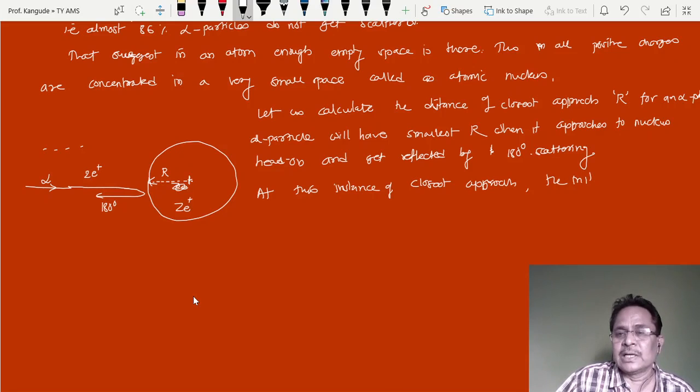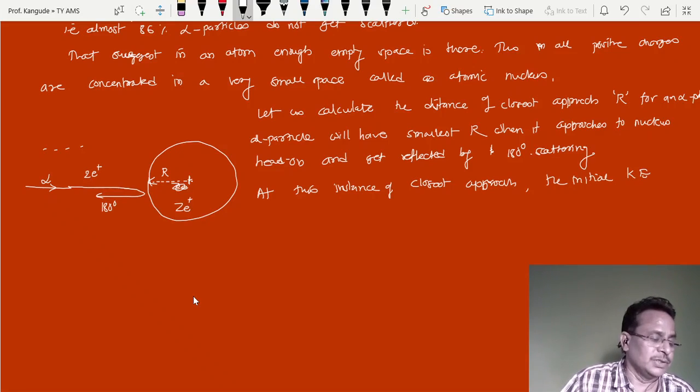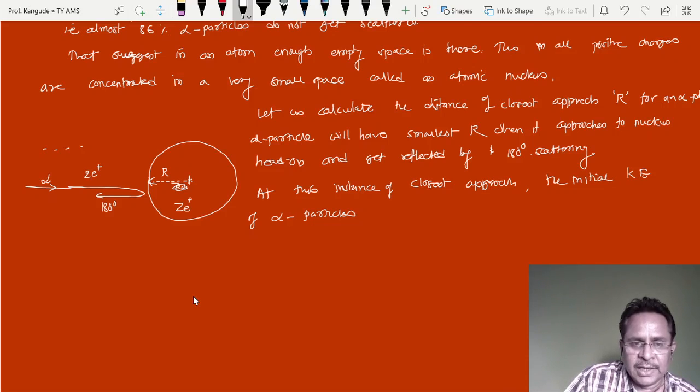The initial kinetic energy of the alpha particle, when it is coming here, is kinetic energy, and when it reaches there, the entire energy gets converted into potential energy, because for some moment, a fraction of a second, it stops here and then gets reflected back.